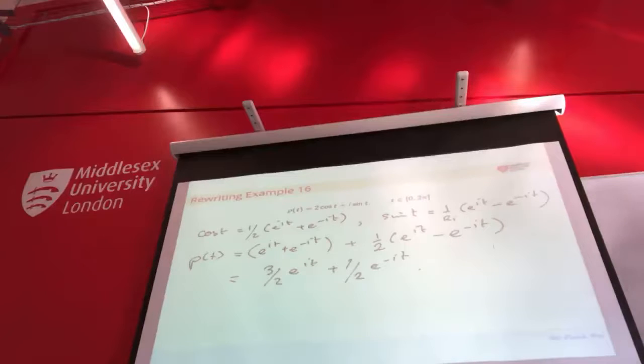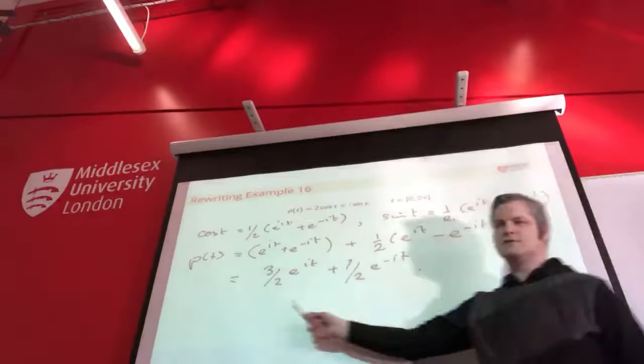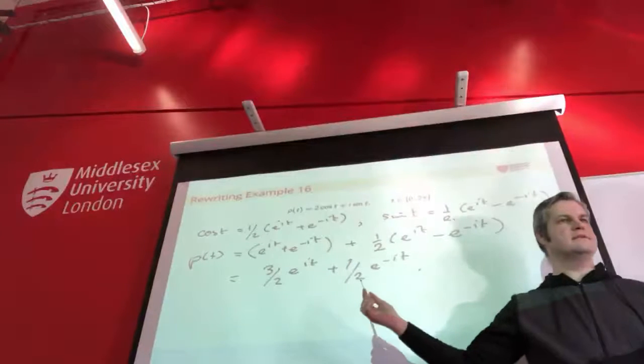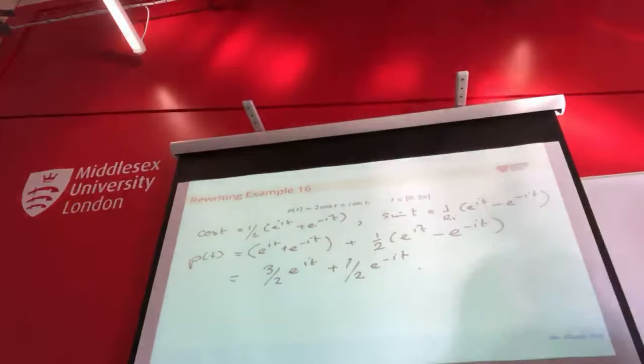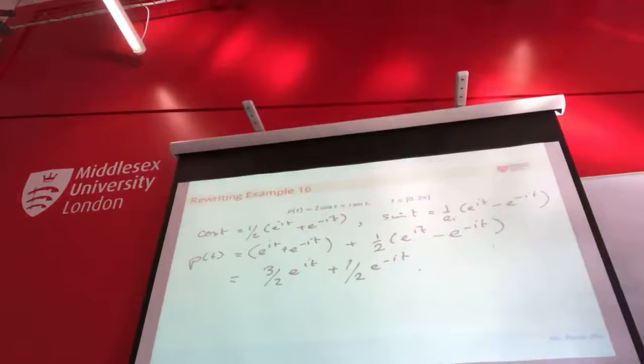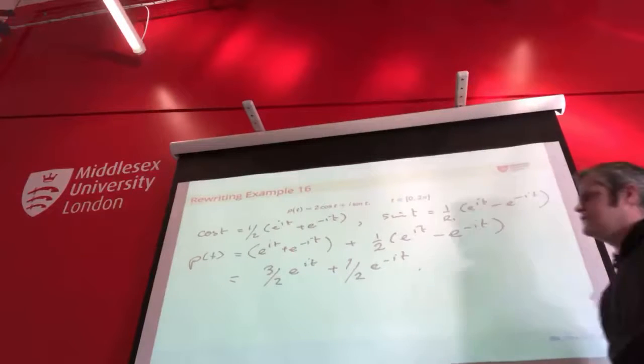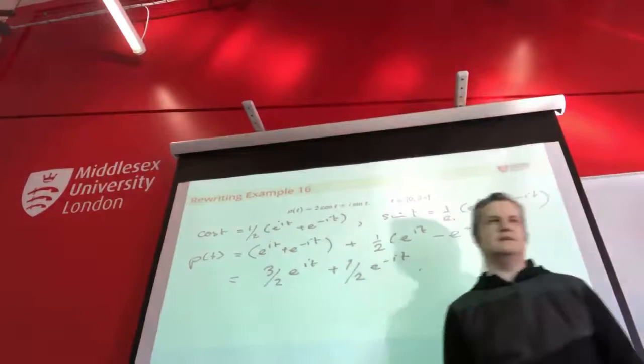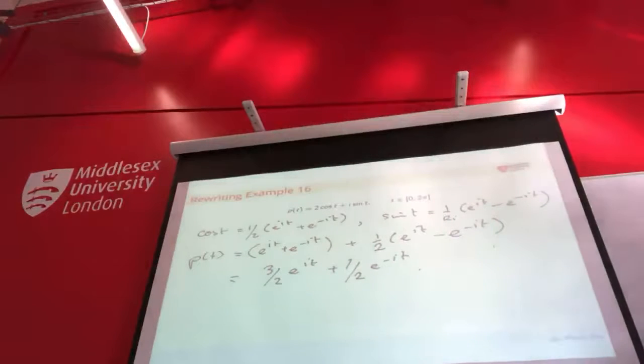So this is what an ellipse looks like in complex numbers. That's the only reason I'm going through that. The ellipse looks like this: 3/2 e to the it plus 1/2 e to the minus it.